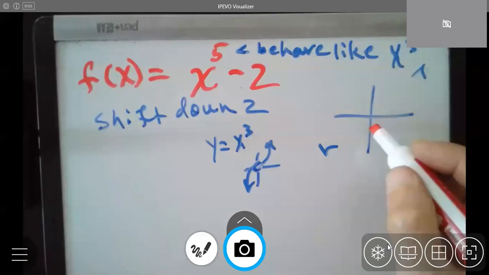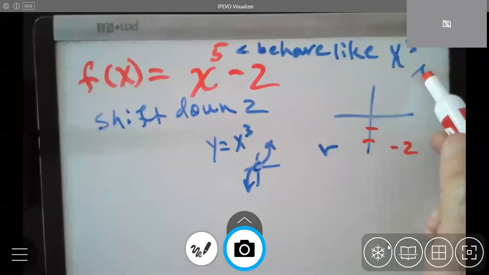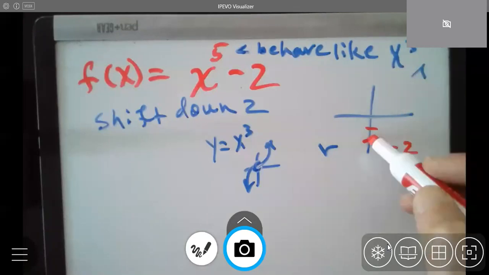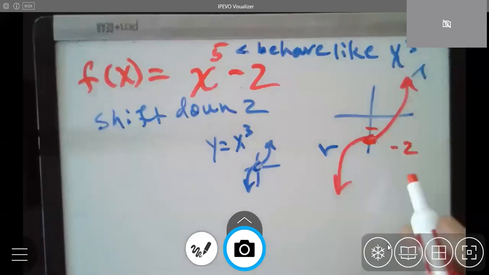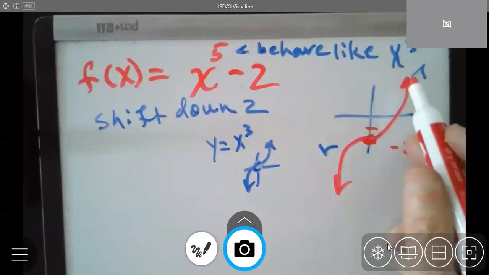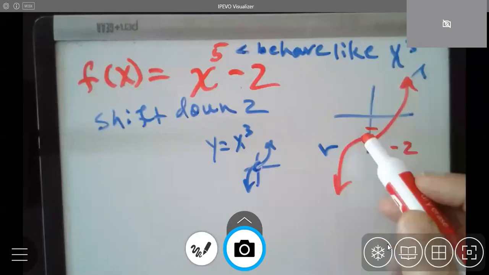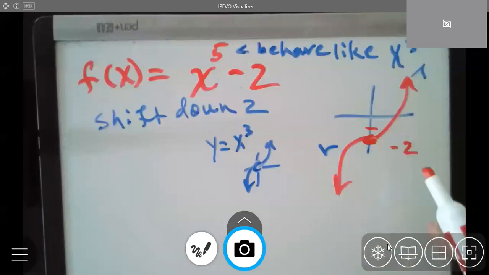So 1, 2, negative 2. And we said it opens up to the right and down to the left. So when you draw it, you start from the middle and draw it up like a positive parabola, and then down like a negative parabola. So it's like 2 halves to a parabola. Half up and half down. And that's your graph. Okay?